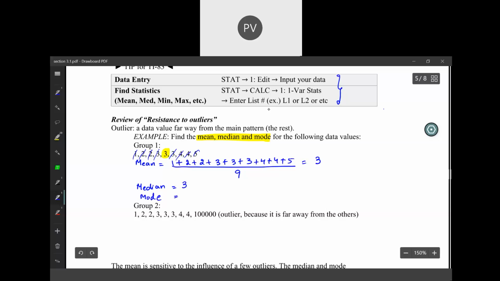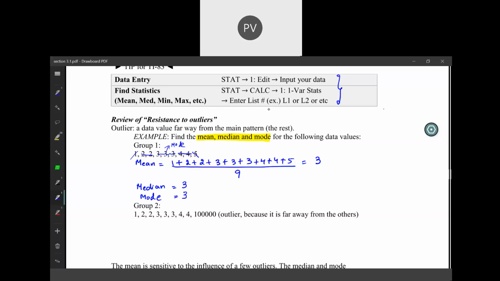Mode means the number repeated the most. Here 1 is not repeated, 2 is repeated twice, no, that's fewer. 3 is repeated thrice, so we will consider this. 4 is repeated twice, no. 5 is not repeated at all. So this is the mode, repeated the most number of times.